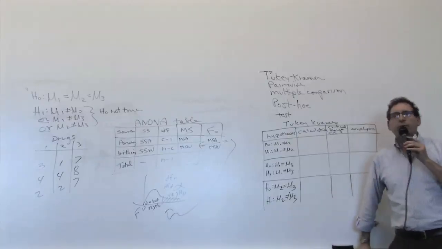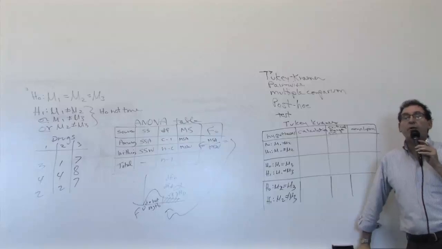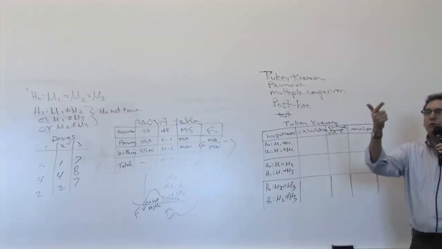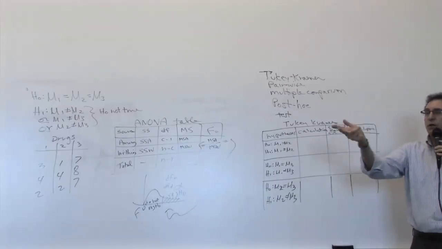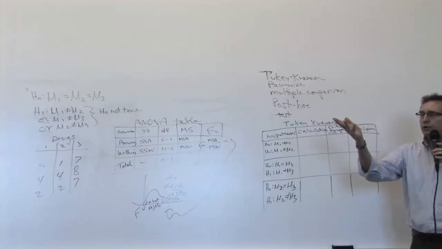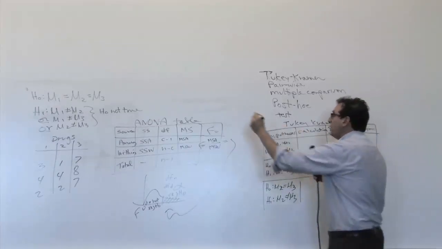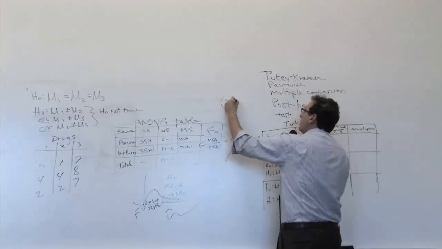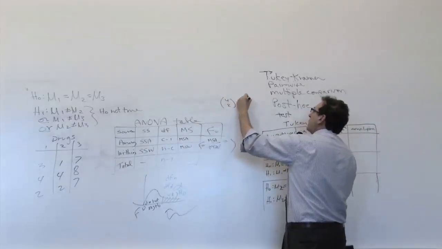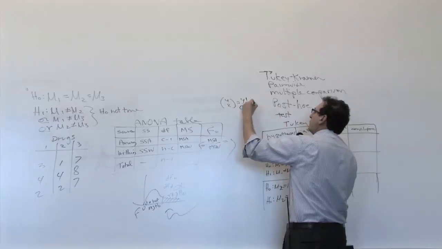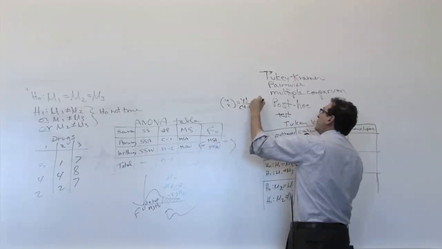Close, but not right. Now you can do it by hand: 1 versus 2, 1 versus 3, 1 versus 4, 2 versus 3, 2 versus 4, and 3 versus 4. 6 of them. Or you can do it by the formula 4 choose 2 from stat 1, 4 factorial over 4 minus 2 factorial over 2 factorial, which also comes out to 6.